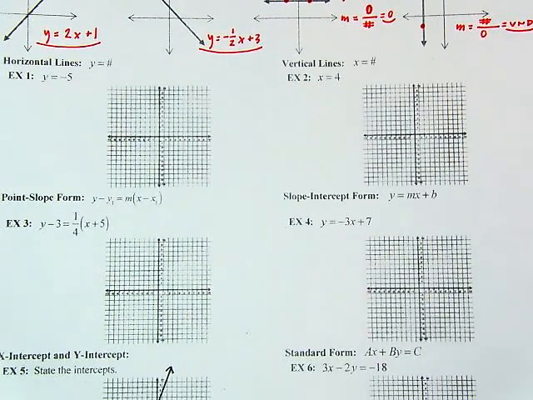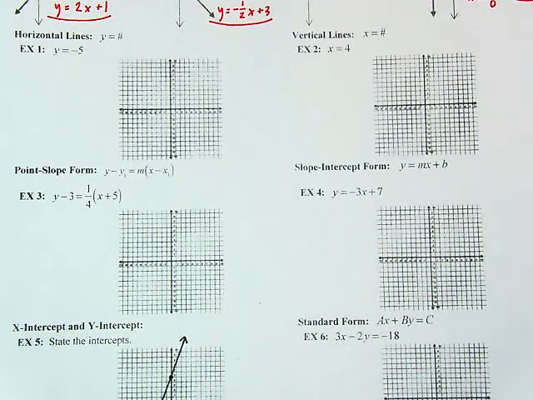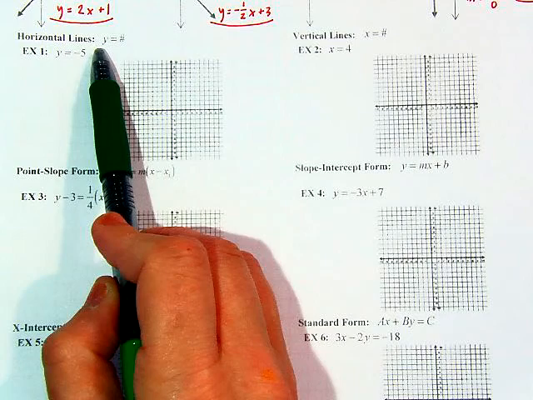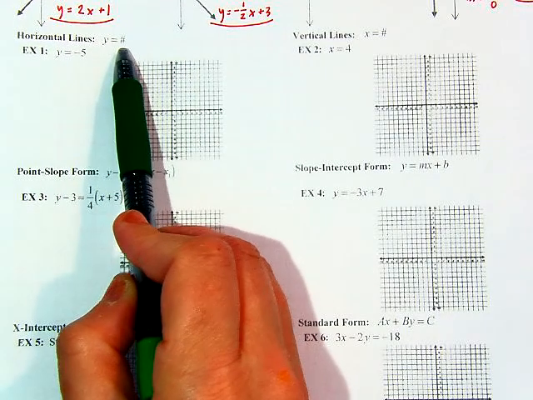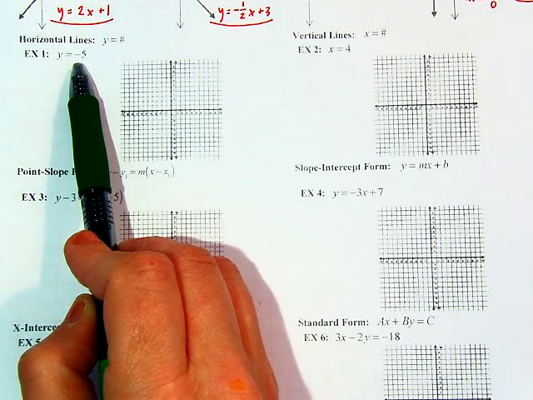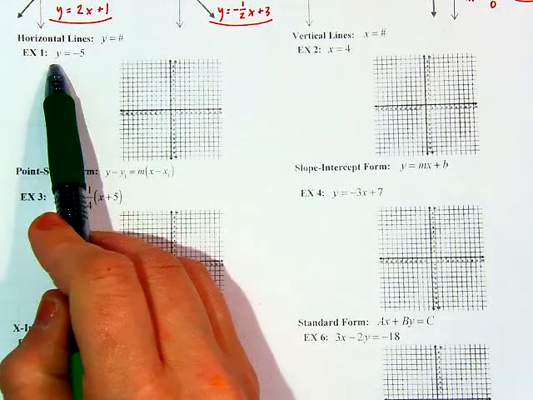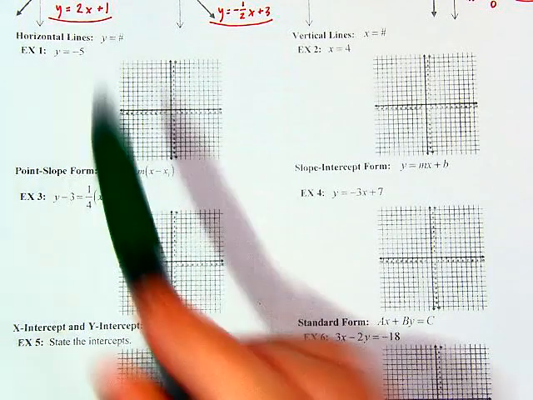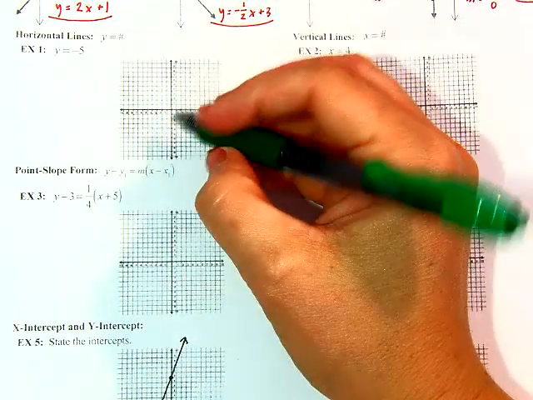All right, so now a few more examples. First I'm looking at horizontal versus vertical lines. Up here I'm reminding you that for a horizontal line, y equals a constant, and I'm seeing that right here. y equals -5. For all values of x, the y value is staying constant at -5. Where is y -5?